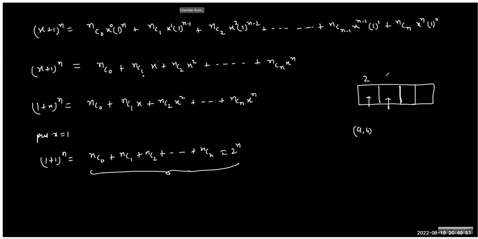So we have how many choices? 2 power 4. Every box can be filled by only 2 types of fruits, either apple or banana, and because the power is 4, we have to fill 4 boxes.